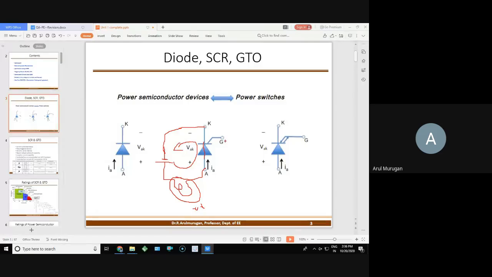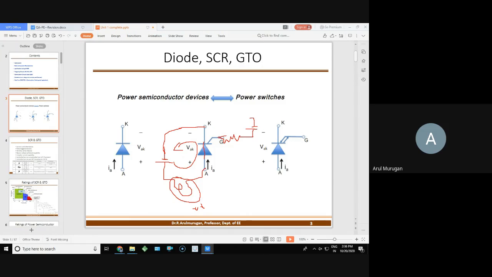How to trigger? There are methods: resistance triggering, R triggering, RC triggering, or UJT triggering. So you will use one resistance and give the power supply. The cathode is here, so plus with respect to minus.